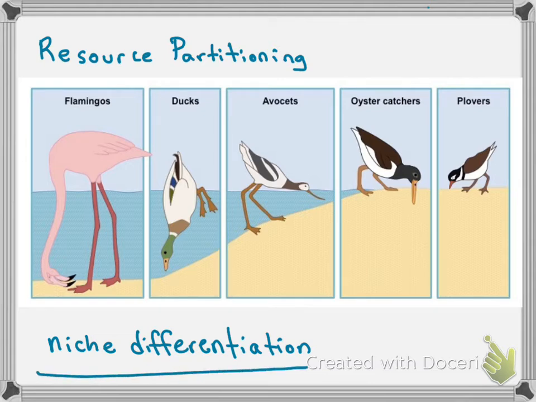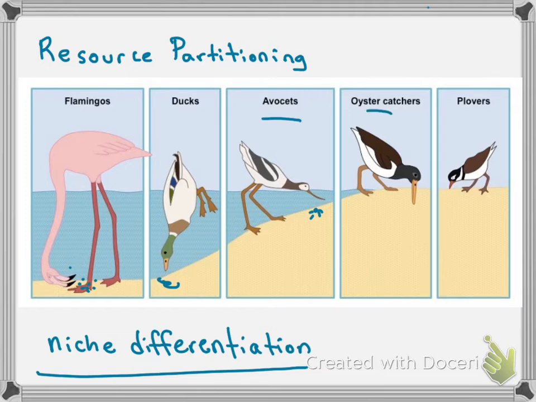The flamingo, in this case, feeds on microorganisms in the mud. The duck dives for crustaceans and mollusks, and even aquatic vegetation. The avocet goes ahead and skims the mud and the surface water for small insects and even small seeds.